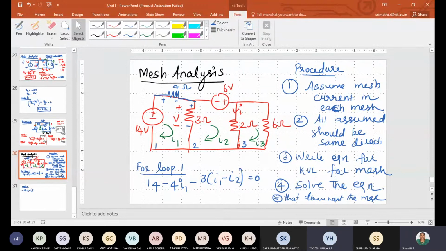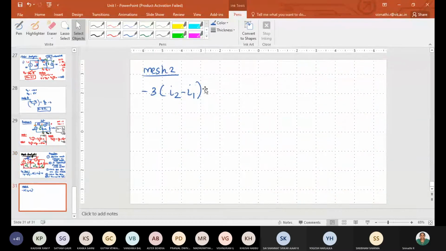Draw your circuit in your notebook. I am telling this for everyone. It's not a theory. Plus 6, and minus 2(I2 minus I3).